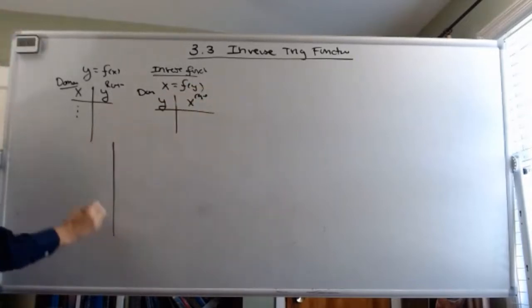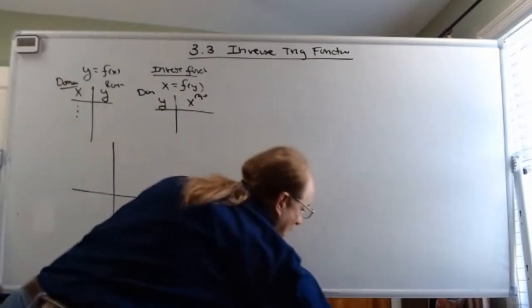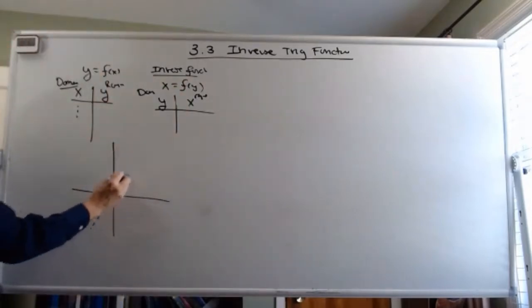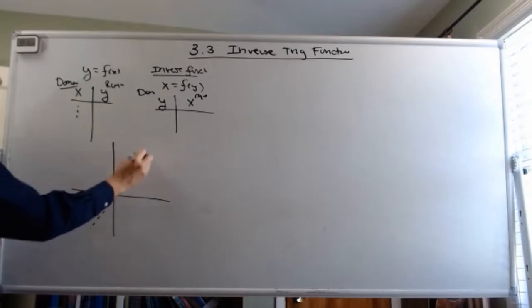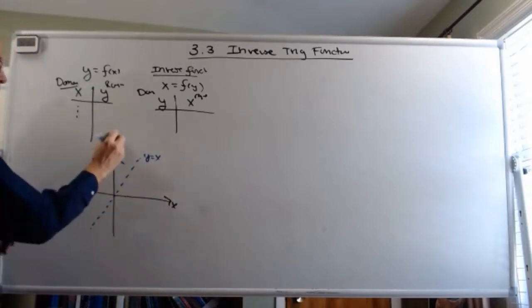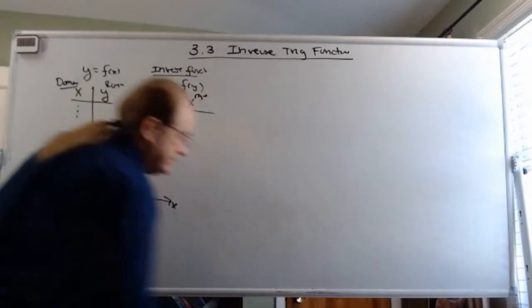That was equivalent to taking our graph, so whatever graph we might have had, and rotating it about the line y equal to x. Everything's going to be the same. We learned how to do that with some simple ones. Now we're going to expand that idea. So say I had a function that looks something like this.